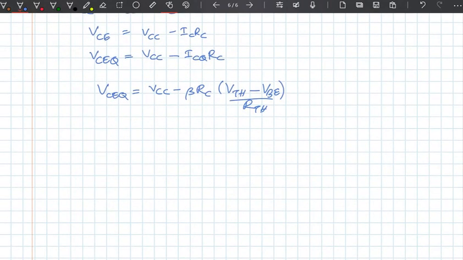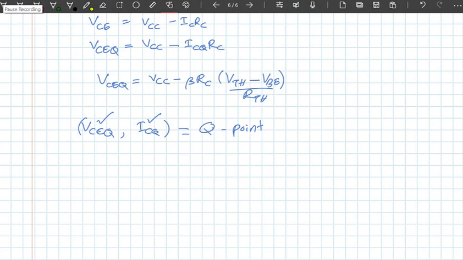We know all the terms in this expression: we know VCC, we know beta, we know RC, we know VBE, which is 0.7, and VTH and RTH we already found. So we have VCEQ as well as ICQ. So this is the Q point of this particular circuit.